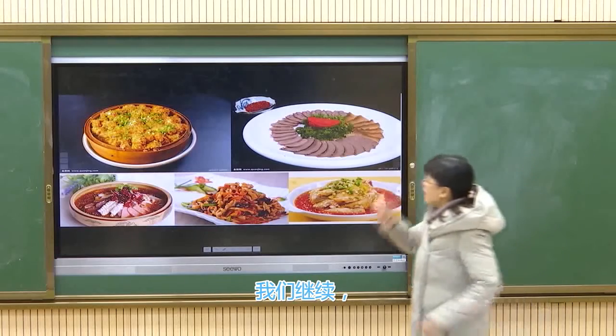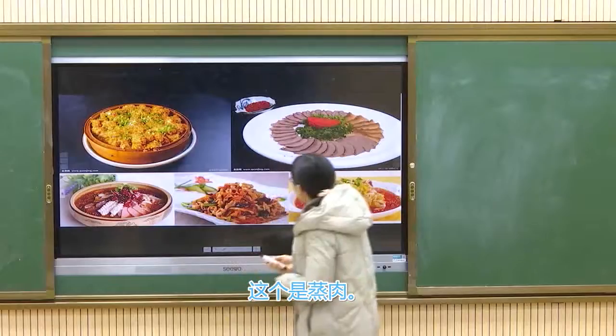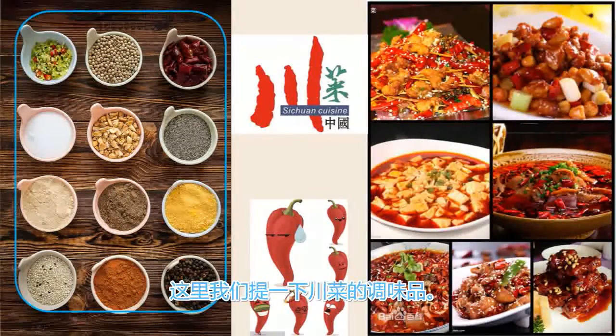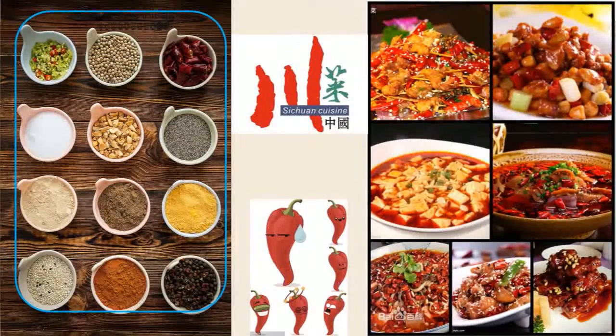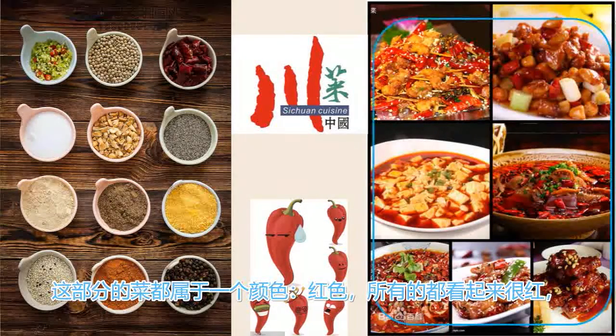And this one also is a steaming one, steaming pork. Let's look. Here, I'd like to mention the seasoning of Chuan cuisine. All of these different features come from these seasonings, okay? And then, look at this pot. All of the dishes in this pot are of one color, that is red. Okay.